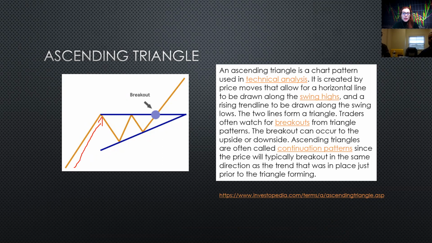Maybe, for argument's sake using XRT, this is $50. Then it comes back down to $48, then goes up to 50 again, and comes back down to $49. And whoops, then we go up to 50 again.